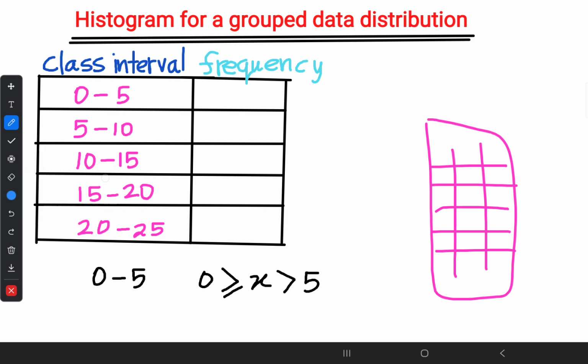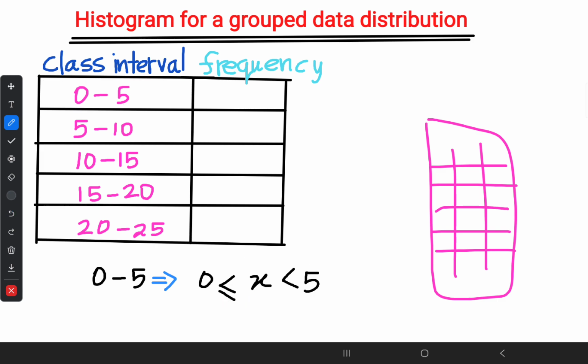From this reference, we can obtain that for the range 0 to 5, there is no zero age to consider, so it should be in the opposite direction. The ones who are zero in age or greater than that but less than the age of 5 belong to this particular interval.